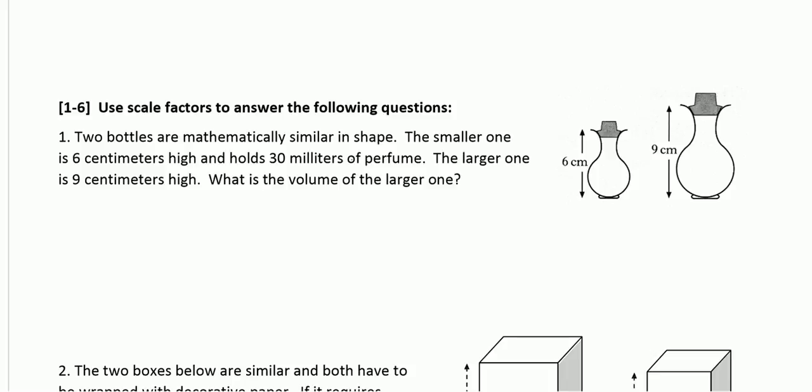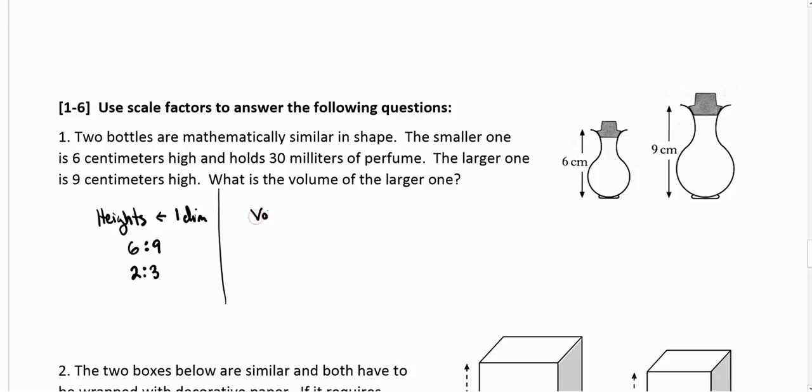So we have a comparison of heights. Remember, height is a one-dimensional thing, and we have a ratio 6 to 9, small to large, and we can reduce that ratio if I divide by 3. 6 divided by 3 is 2, 9 divided by 3 is 3. So 2 to 3 is my one-dimensional ratio.